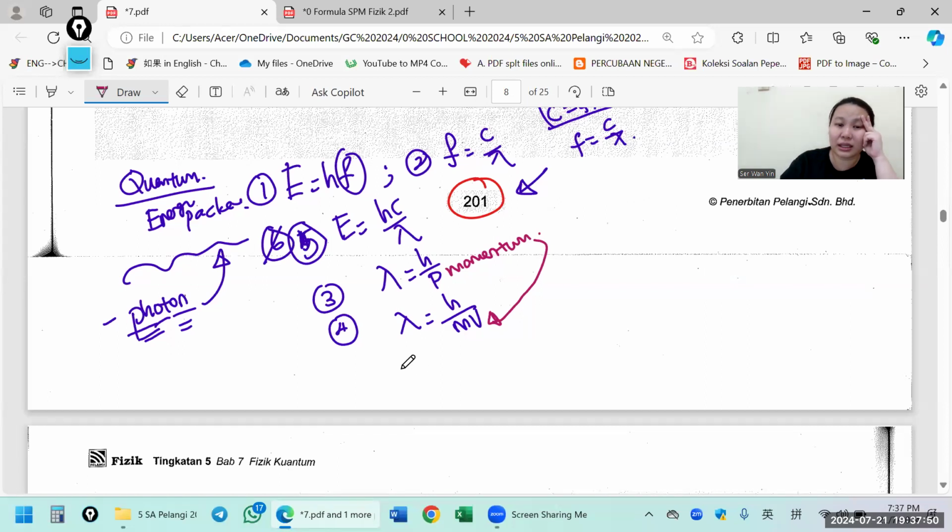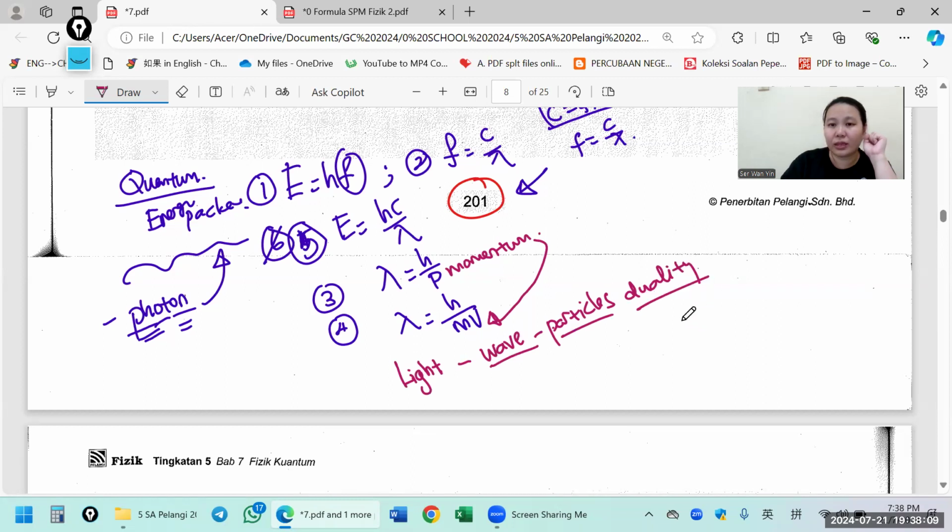So De Broglie said everything, if it is light, it could be a wave, or it could be particles. It has the duality. But whether it's wave or particle, only when you observe it do you know. So for example, electron. We know electron is a particle, but actually electron also has wave characteristics.